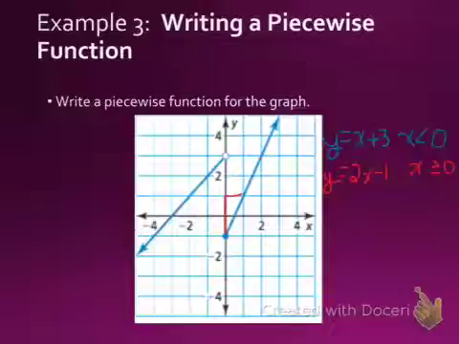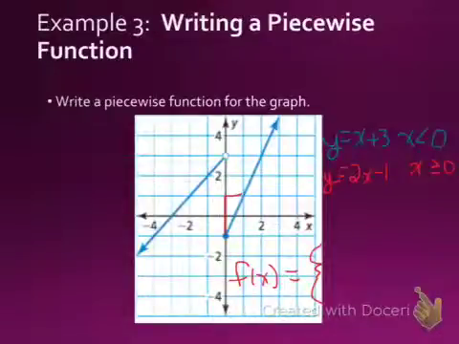So our piecewise function, if we were to write it all together, we would put f of x equals, we're going to use this bracket here, it's going to be x plus 3 or 2x minus 1. And this one's if x is less than 0. And this one is if x is greater than or equal to 0.